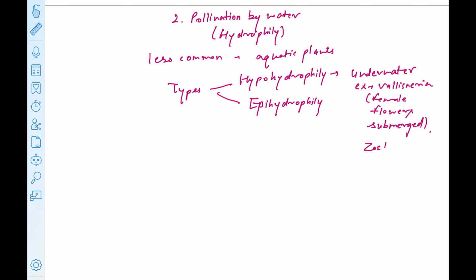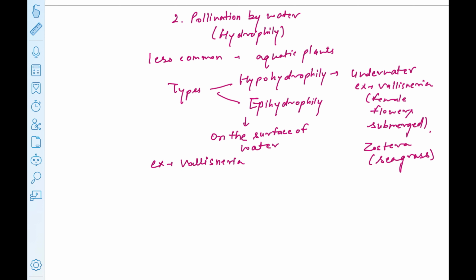And second example is Zostera, that is known as seagrass. And epihydrophily means pollination occurs on the surface of water. Examples are again Vallisneria and Hydrilla, where male flowers float to female flowers.